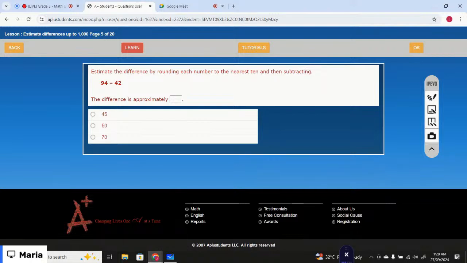Estimate the difference by rounding each number to the nearest 10 and then subtracting 94 minus 42.